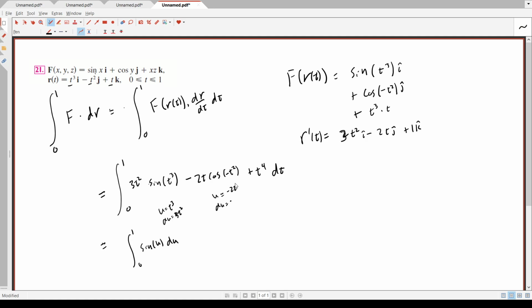So that's minus t squared, du is minus 2t, that's the derivative, which is this right here. So I can write this as plus the integral from, at 0, this is 0, this becomes negative 1. So from 0 to negative 1 of cosine of u du, and then that doesn't need a transformation.